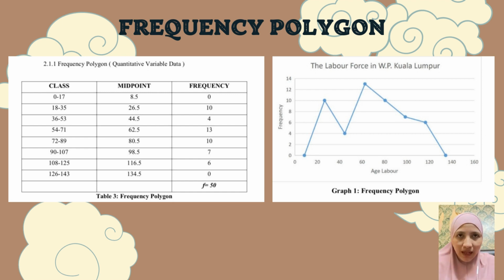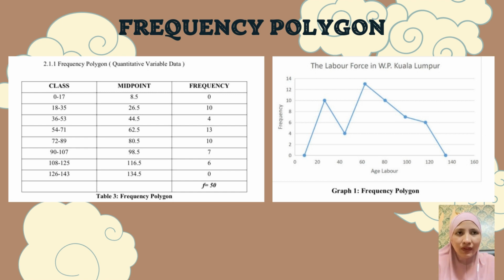For the first class, the midpoint is 8.5, second class 26.5, third class 44.5, fourth class 62.5, fifth class 80.5, sixth class 98.5, seventh class 116.5, and the midpoint for the last class is 134.5.